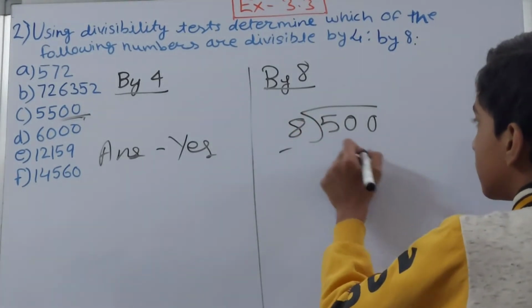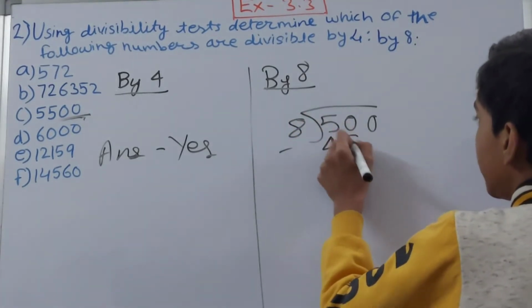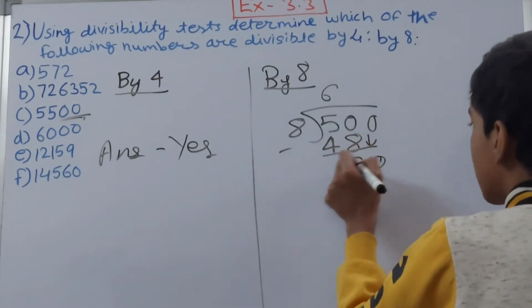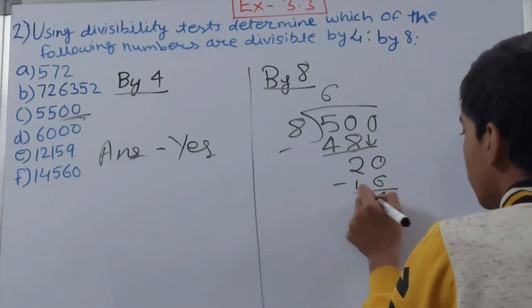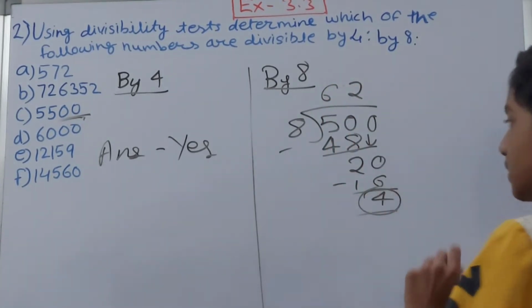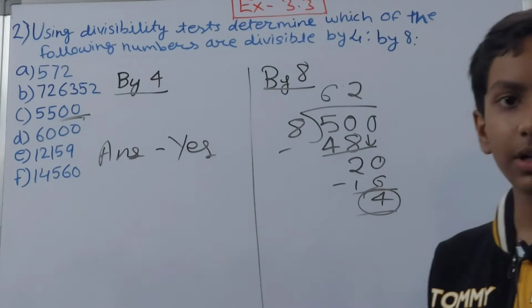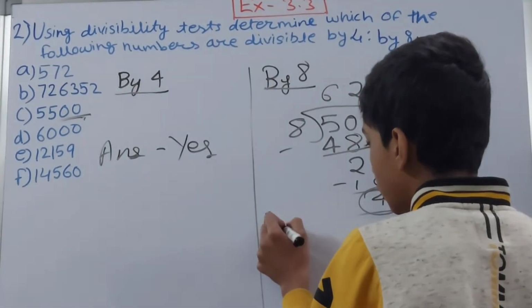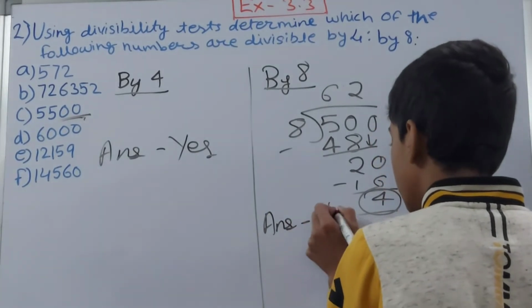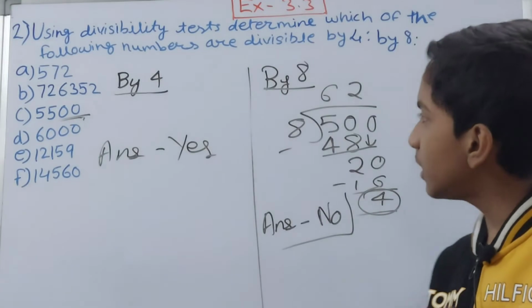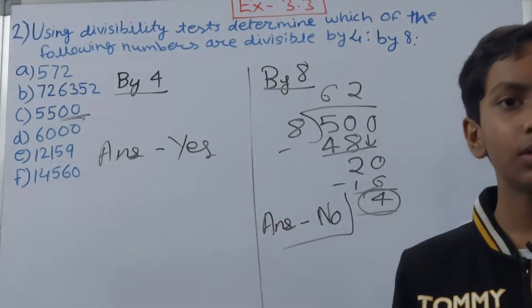Minus 48, how many times? 6 times. You are left with 2, and the 0 comes down, 20, minus 16, you get 4. So you can see we have 4 in the remainder. It is not completely dividing. So we write no, this number is not divisible by 8, but this number is divisible by 4.